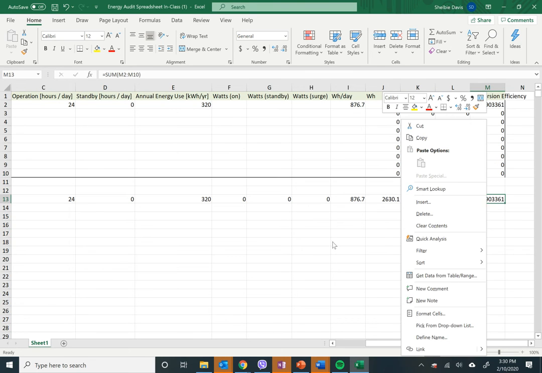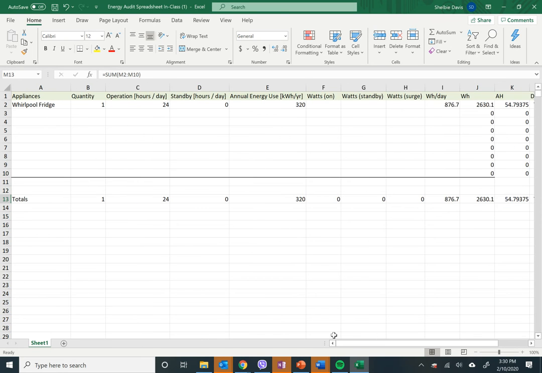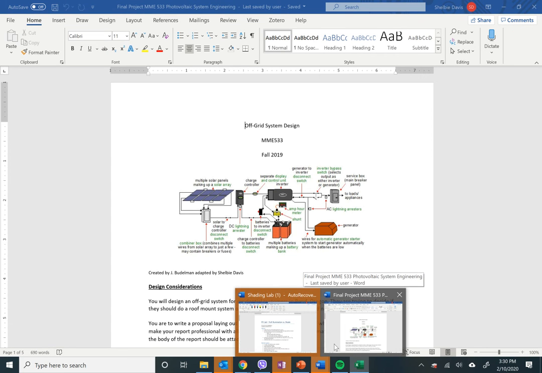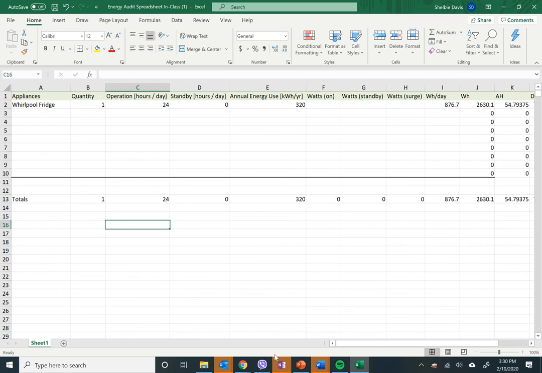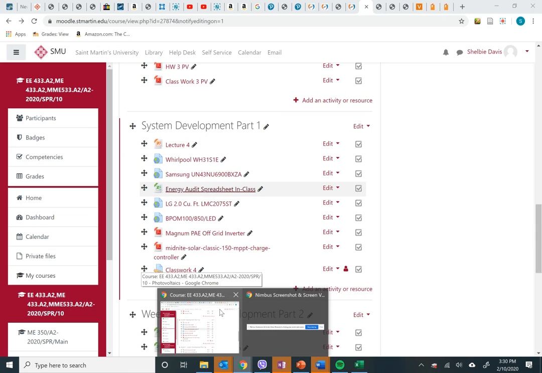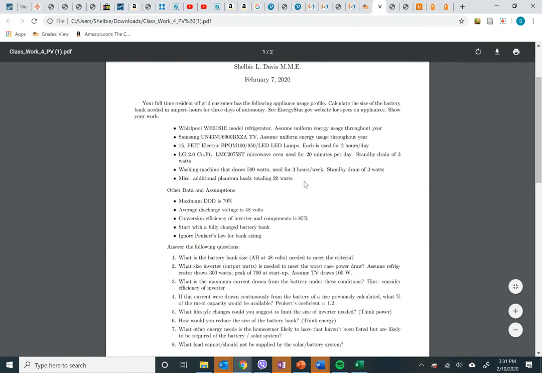So is that 15 lamps? 15 lights. Lights do not draw power for anything.